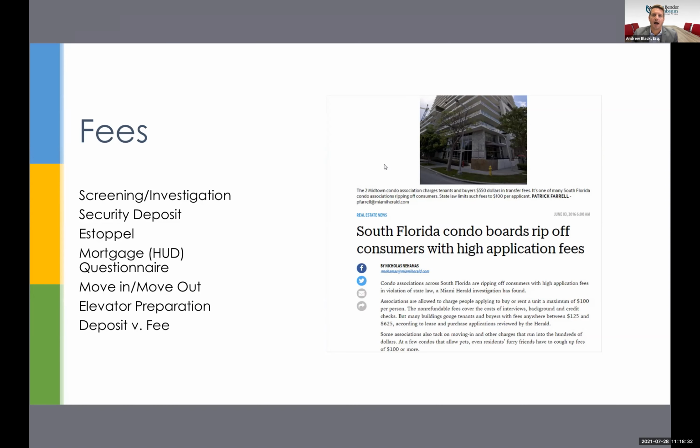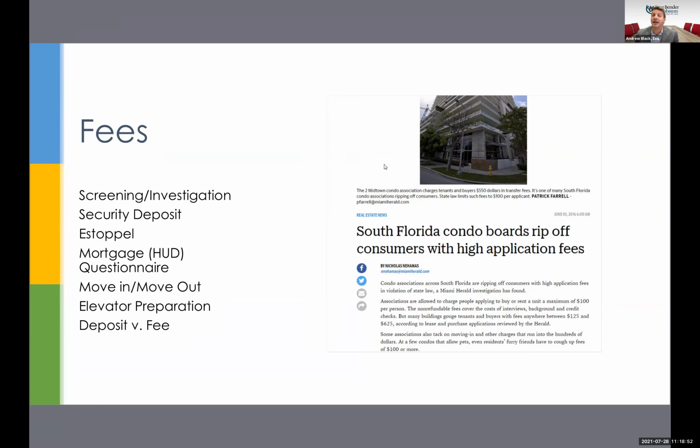All right. The other type of fee that is authorized, and we see it a lot, but again, your governing documents must provide for it, is a refundable security deposit. That's for lease agreements, obviously, not for sales.